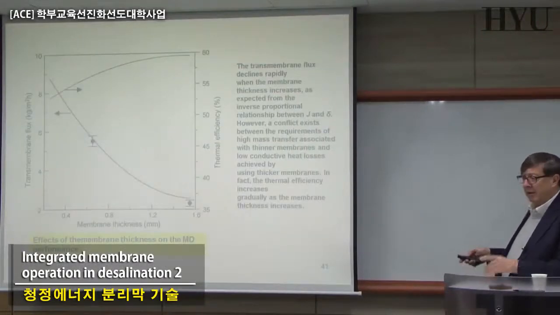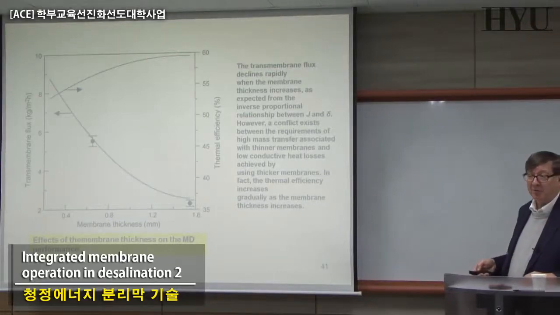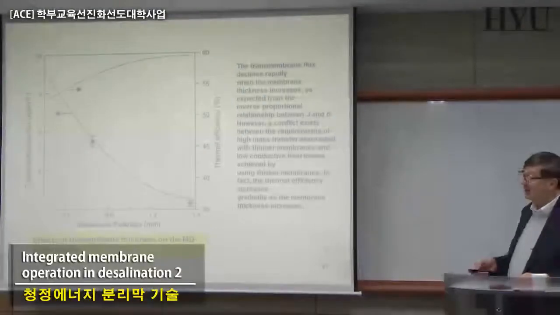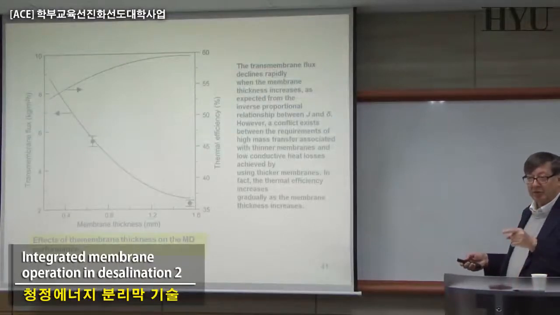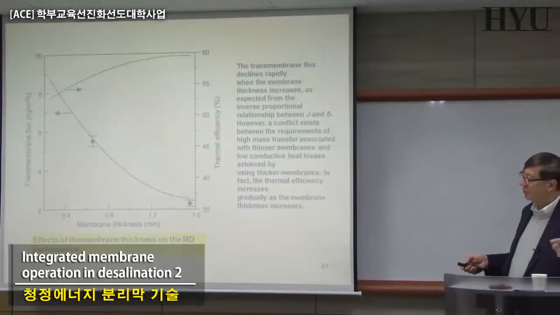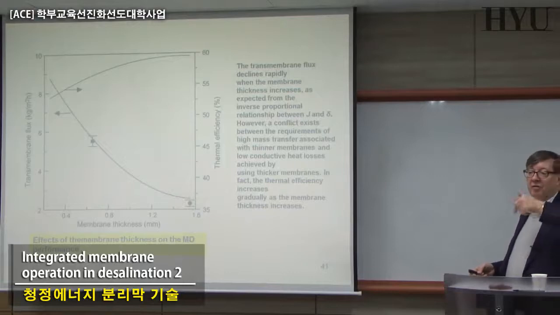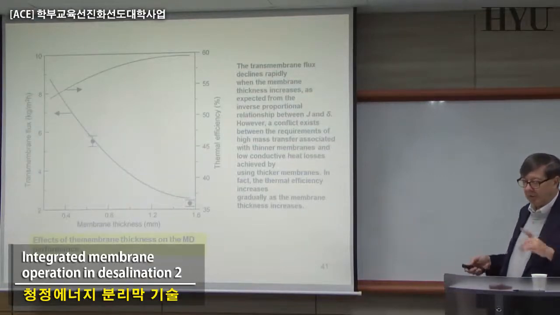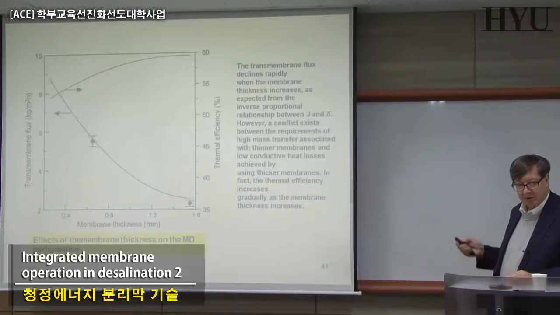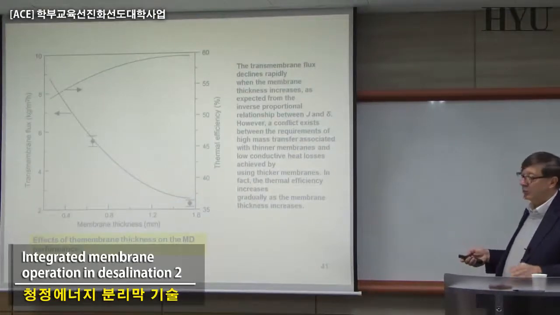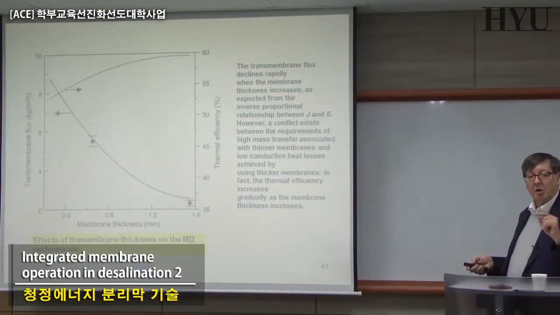Another interesting aspect that you have to consider, in the same logic and with respect to what we have been discussing in the past: when you have ultrafiltration, reverse osmosis, nanofiltration, the transmembrane flux as a function of membrane thickness is always inversely related to the thickness, and there is no question. It's not the same in membrane distillation. For sure the transmembrane flux in principle will decrease with the thickness.